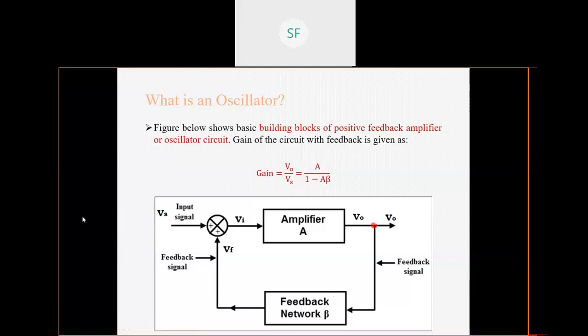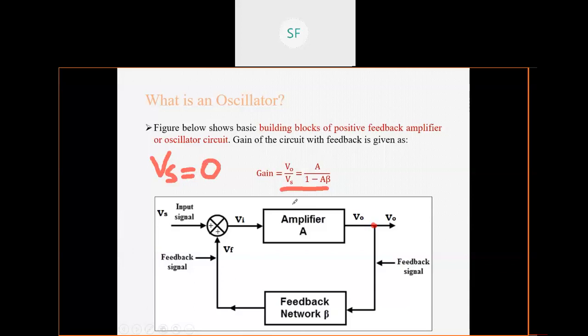Now you have to just observe these expressions. We have stated that for an oscillator the input signal is equal to 0. There was no input signal.